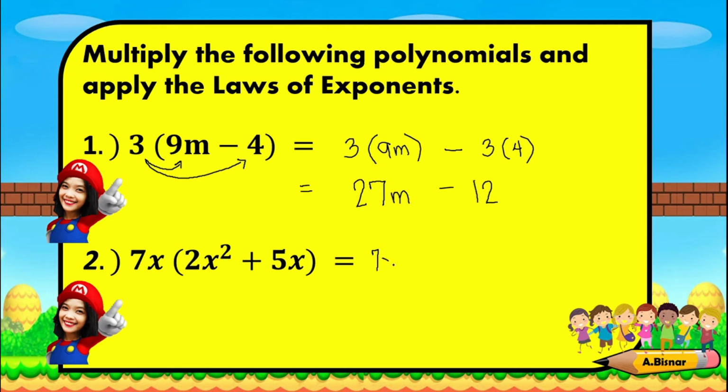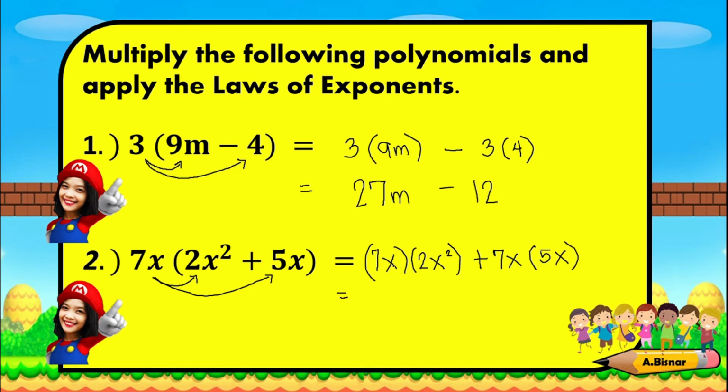So, we have to multiply 7x to the first term, which is 2x squared. Plus, we have to multiply it again on the second term. So, you have 7x times 5x.